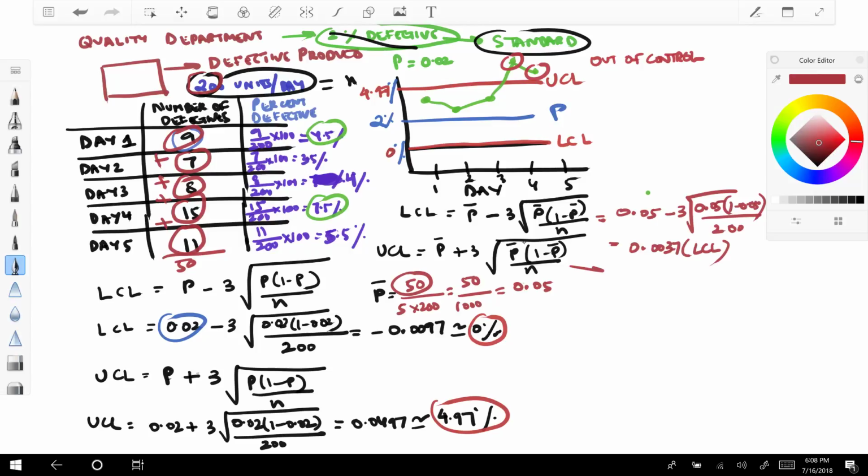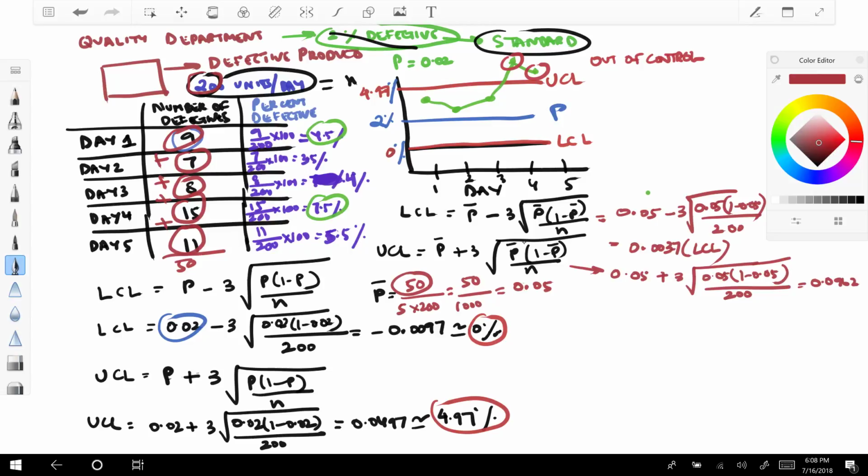Similarly, we can calculate our upper control limit, which is 0.05 plus 3 square root of 0.05, 1 minus 0.05 divided by 200. So that is 0.0962.